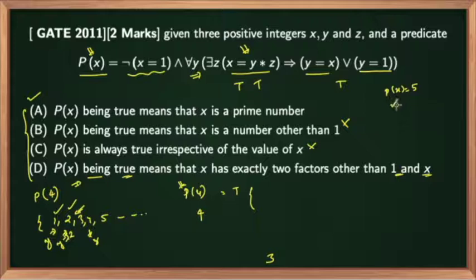This will evaluate true. But this statement says x has exactly two factors other than 1 and x, but we know that we have only two factors, that is 1 and 5. So this choice is also wrong. So the correct option is A. You can just see it by this predicate. This is the definition of a prime number.